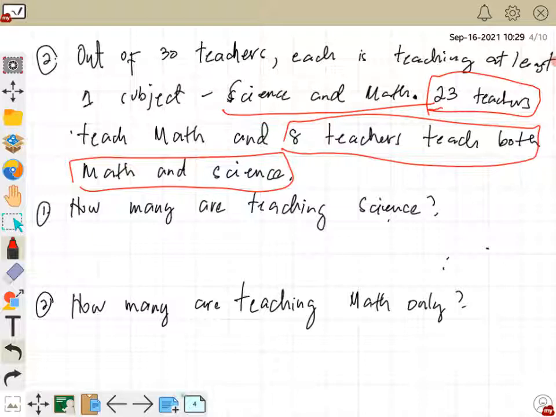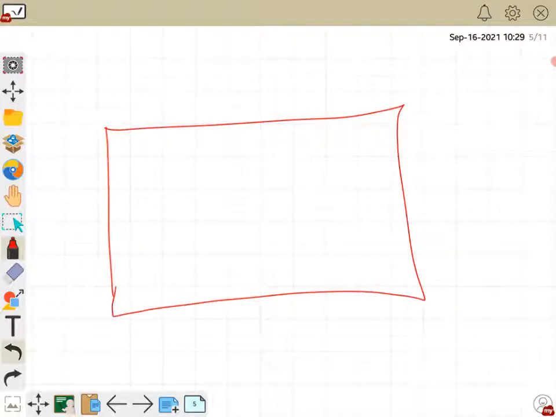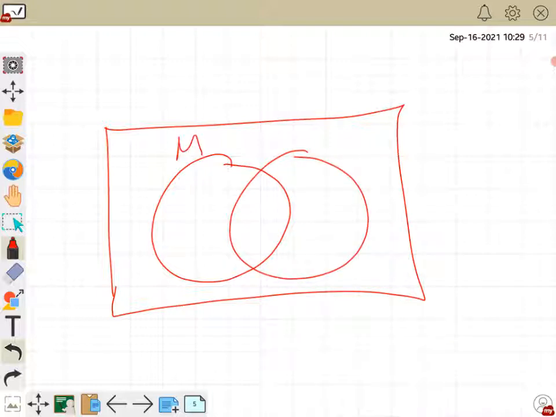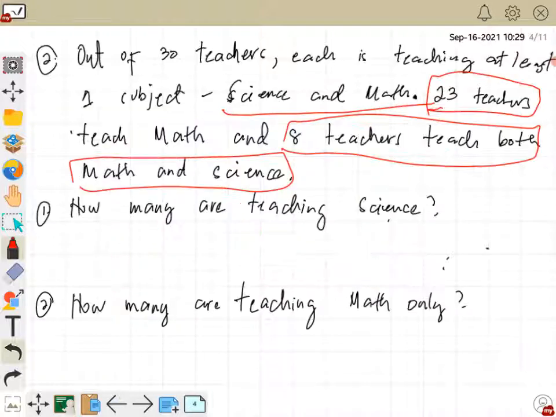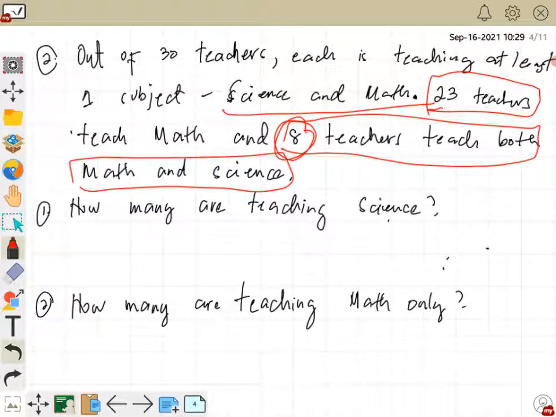So if we're going to solve that using a Venn diagram, I said this is math and this is science. We know in the problem that 8 of them teach both math and science. Here, the statement says 23 teachers teach math. It doesn't tell us 23 teachers teach math only. They teach math, not math only.